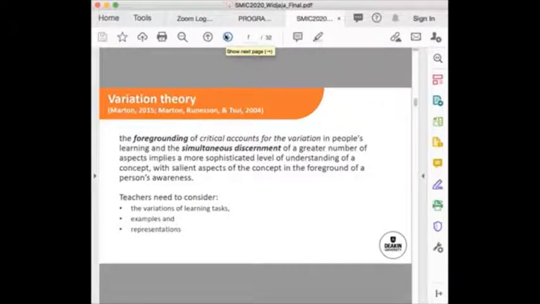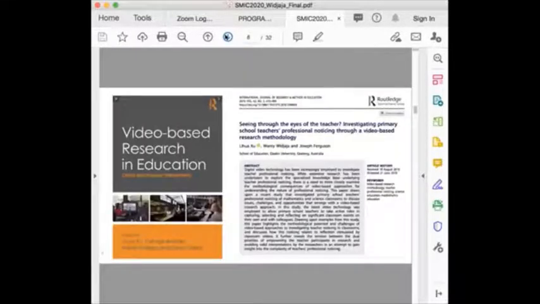So for us teachers, when we prepare our lessons, for example in mathematics or science or different subject disciplines, we need to consider the variations of the learning tasks, the choice of examples and the choice of representations. And obviously that is all informed by our knowledge of students, our knowledge of curriculum, our knowledge of the disciplines, and of course our understanding of students' learning, where they are at and where they are going.